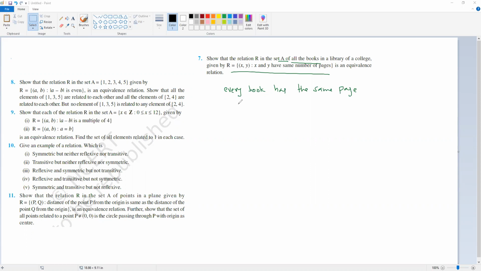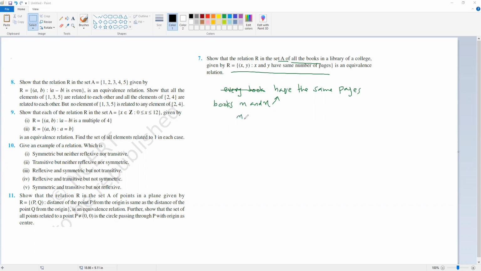Every book, I say books x and x have the same pages because both books are the same. So you can write it as books x and y have the same pages.